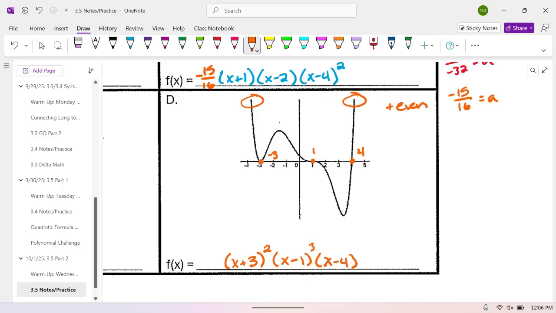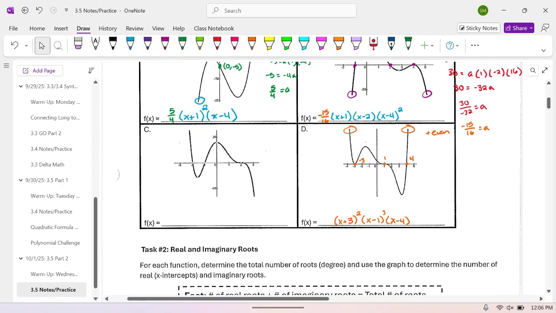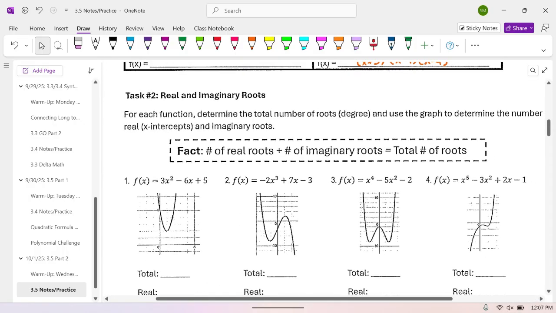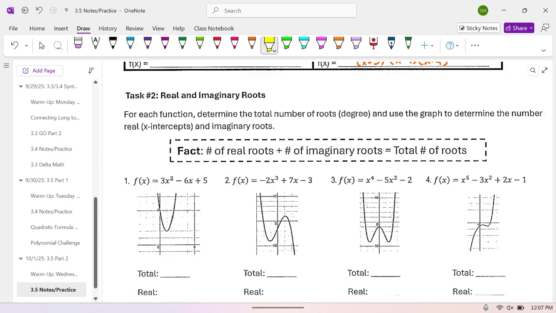All right. Any other questions on this part? All right. So let's look at the next part. The next part comes from the real and imaginary roots. Every polynomial has a combination of real or imaginary. They're either all real, all imaginary, or a mixture of both.